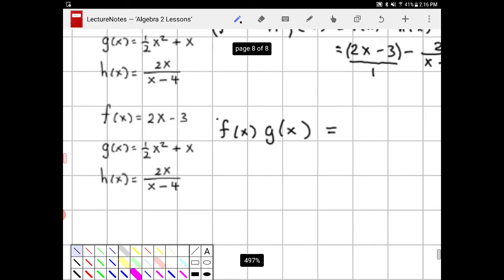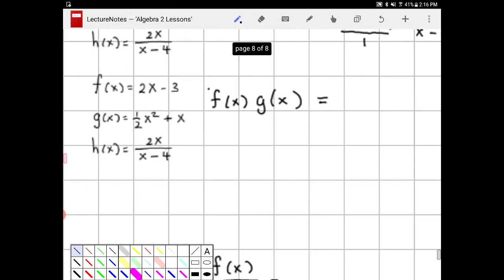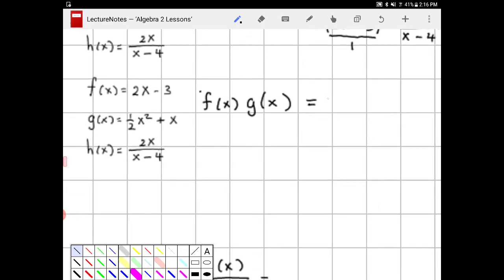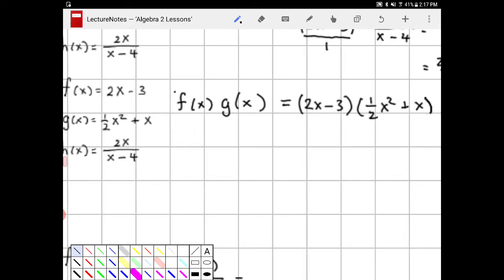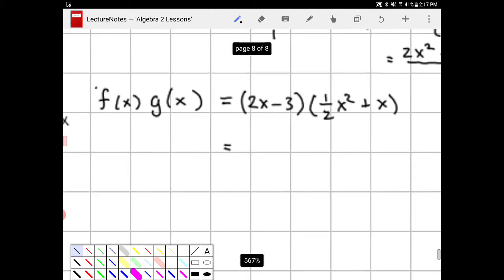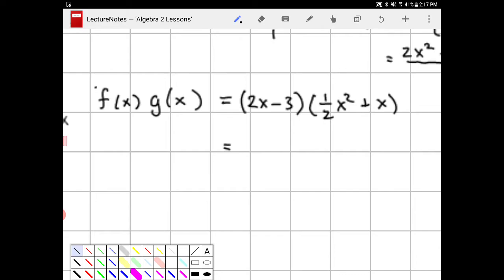Next, I will be multiplying f of x and g of x together. That's exactly what it's saying to do. So we are going to be taking 2x minus 3 and multiplying it by 1/2 x squared plus x. We will need to FOIL. This one we cannot do as quickly because they're not of the same degree.